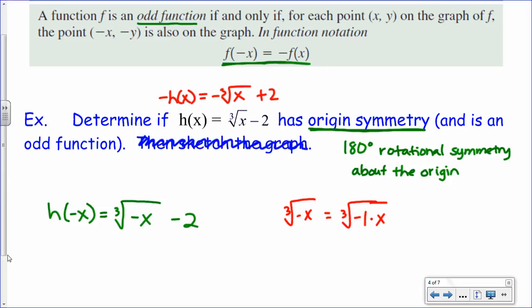So I know my radical rules say I can then separate those. And the cube root of negative 1 is negative 1. So I get negative 1 times cube root of x, which is negative cube root of x.